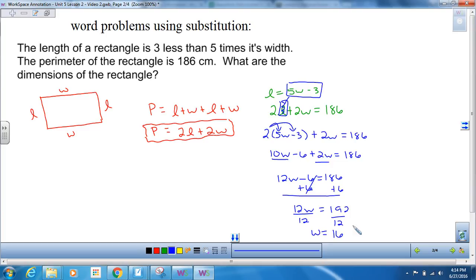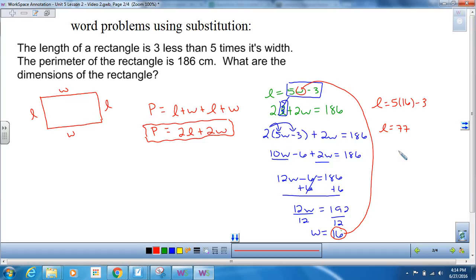And I want to find the length because it asks for the dimensions, so it wants both length and width. So I'll come back up here. Okay, so 5 times 16 minus 3 would be 77. Okay.